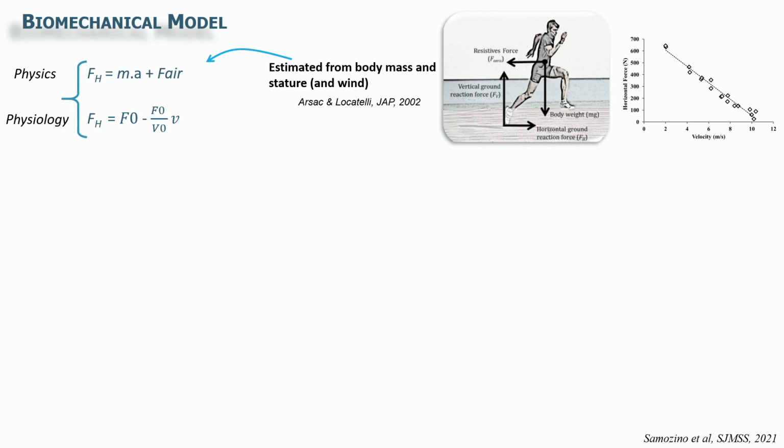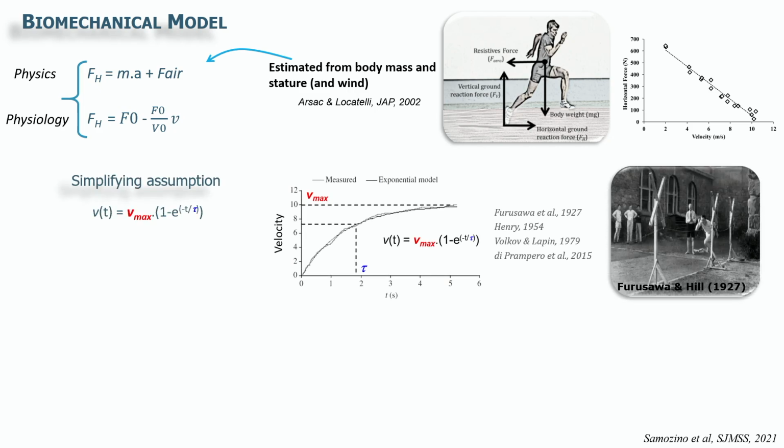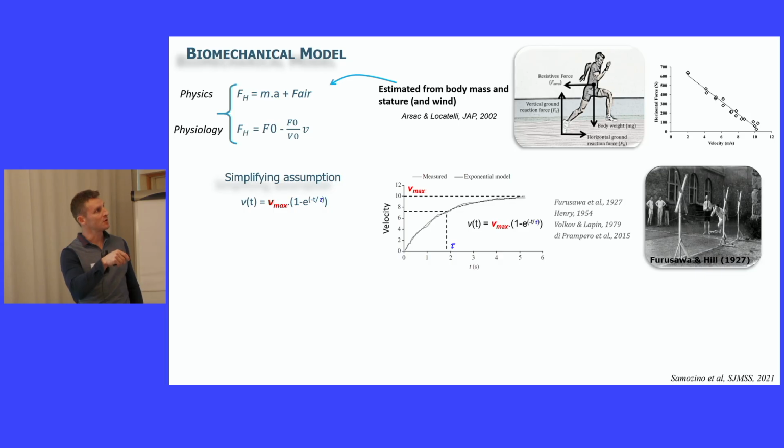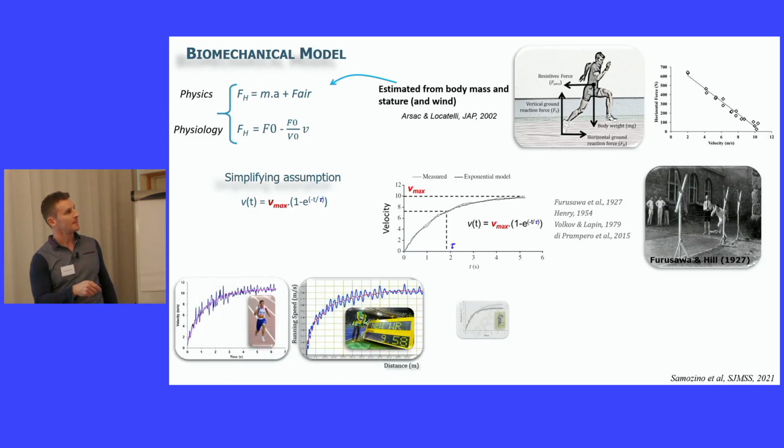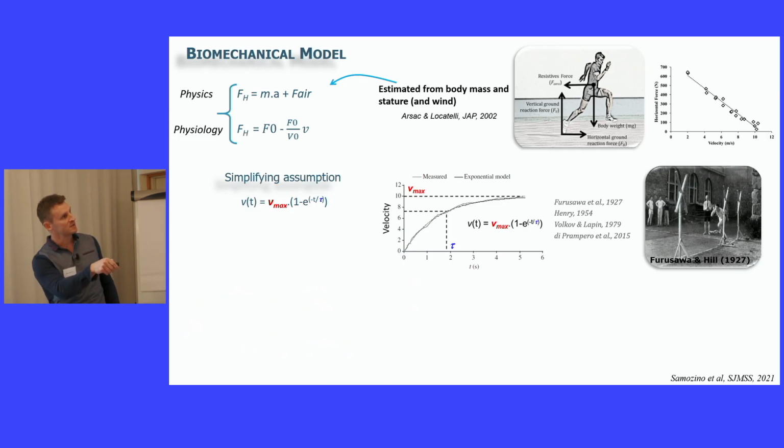With these two principles, we add another simplifying assumption: when you do a sprint, your velocity increases with time following this exponential function, like this. So this speed time curve is described by this mathematical function. It's a reasonable assumption, presented one century ago by Archibald Hill, the well-known physiologist.